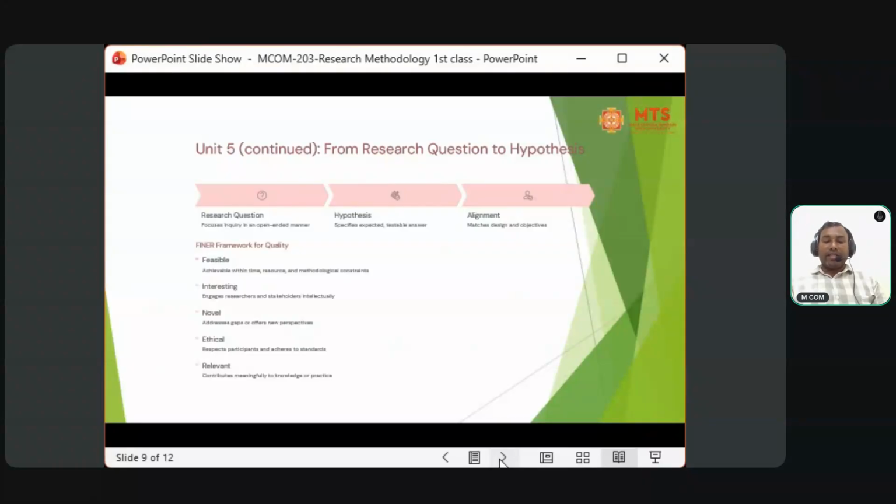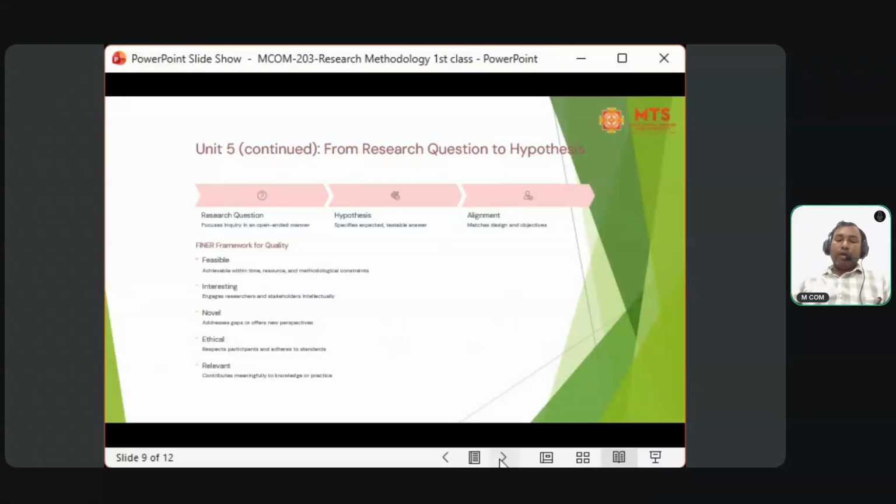A directional hypothesis specifies the direction of relation, and a non-directional hypothesis states a relationship but does not specify direction.